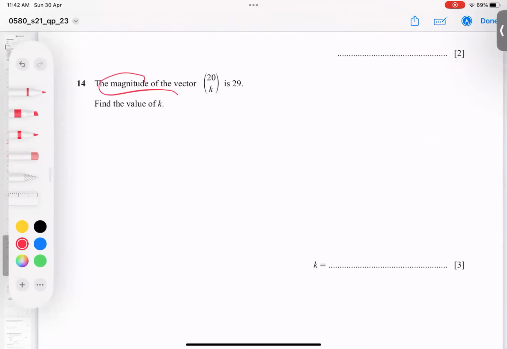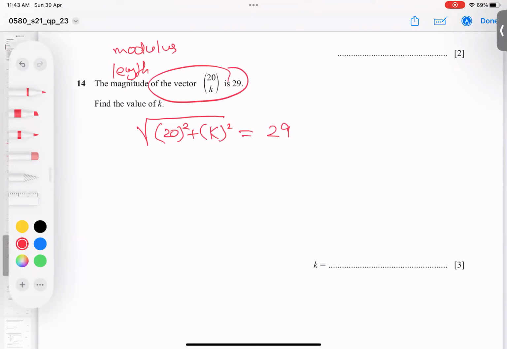He's saying the magnitude of this vector is this, and it is called a column vector. Whenever magnitude comes, or length, or distance, or modulus, these are the same thing. So we will take the square root of 20 squared plus k squared, equals 29, because he mentioned it himself.